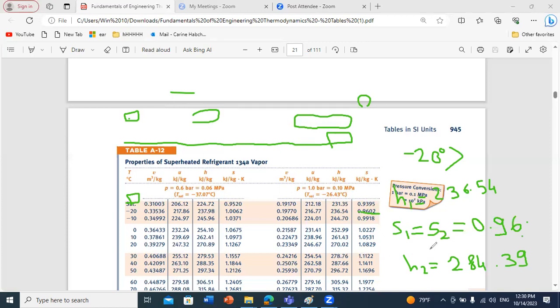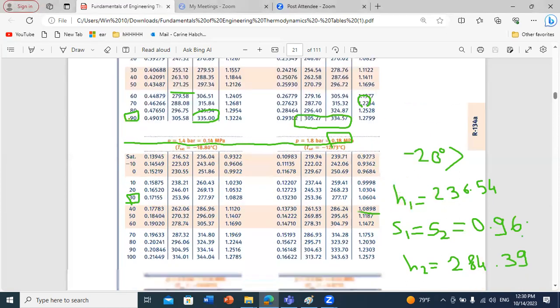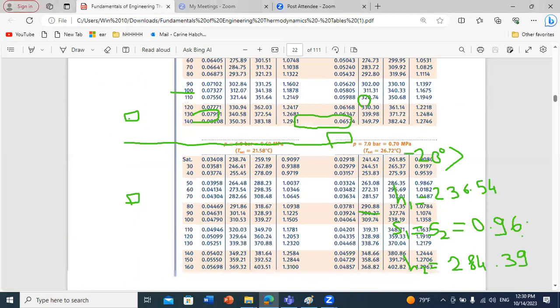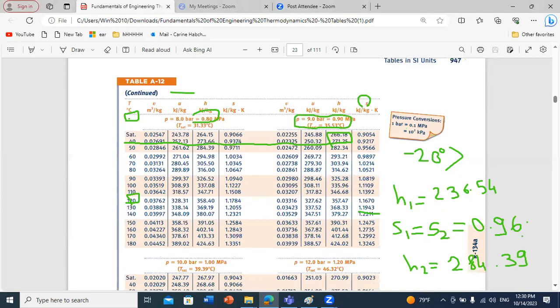But let us check now. If I take the isentropic process, S1 equals S2 equals 0.96, I should go back now to my table of 8 bar, and I will check for S 0.96 for this pressure.